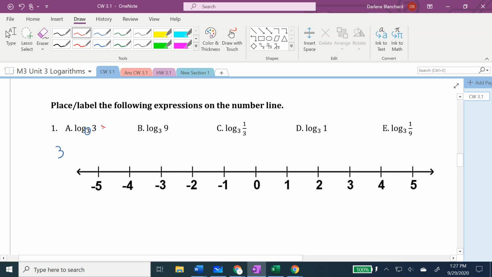Whatever number this is equal to, that's the exponent on 3 where I get an answer of 3. So what is A? What is A equal to? 1. So that means I'm going to put letter A here on the number line at the number 1.